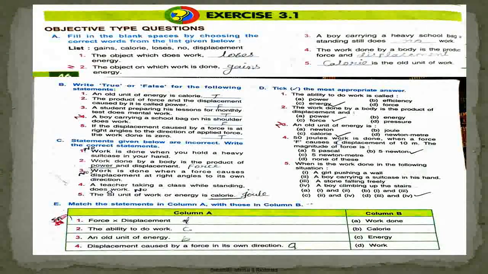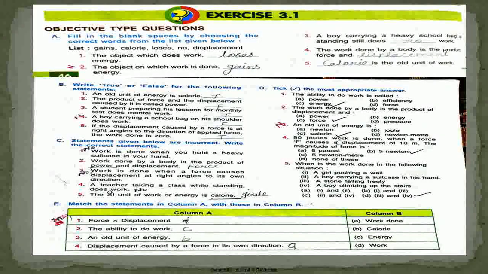Then we can say that in the third condition work is done. And fourth, the boy is climbing up the stairs, he is exerting the force and he is displacing also, or we can say that he is changing his place. So in both conditions, third and fourth, work is done. So the correct answer will be D, third and fourth.